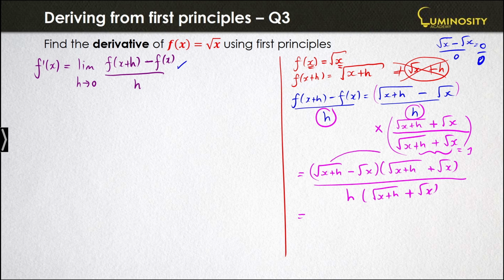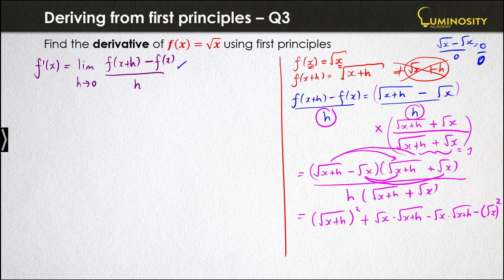The square root of x plus h times the square root of x plus h is essentially the square root of x plus h, squared, because you're multiplying something by itself. Then we have plus the square root of x times the square root of x plus h, then minus the square root of x times the square root of x plus h, and then minus the square root of x times the square root of x, which is the square root of x, all squared.